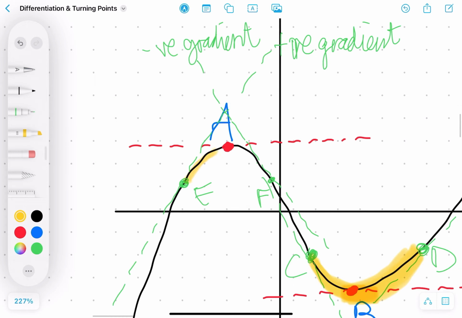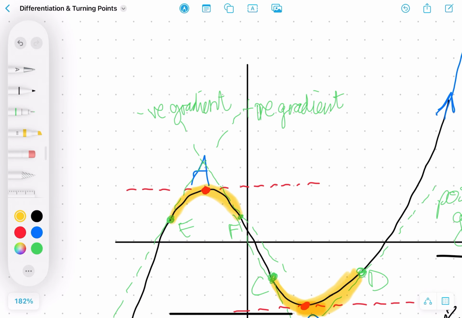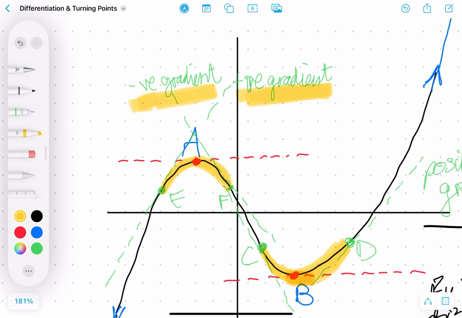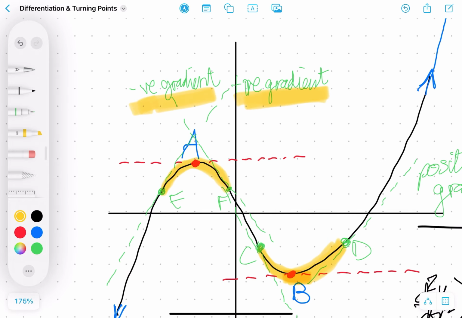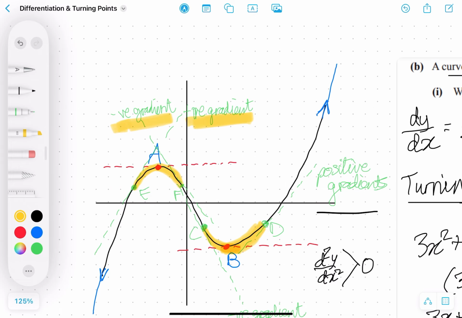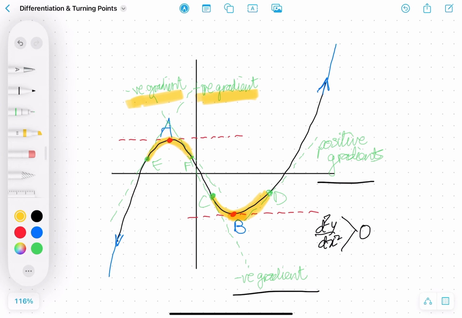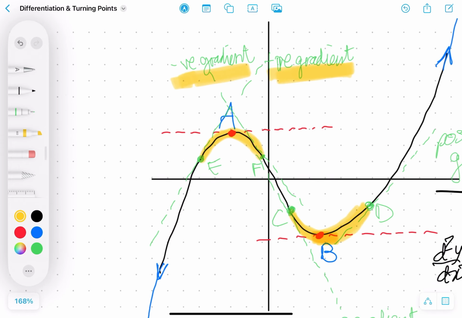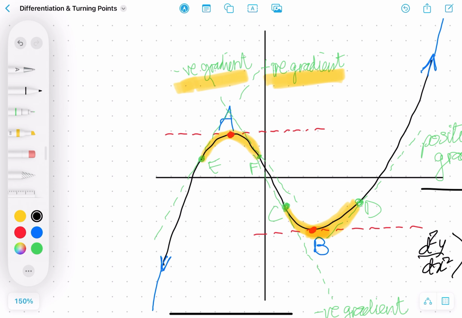Therefore, between the region E to F, the gradient is decreasing. It's going from positive over here to negative, since E has a positive and F has a negative. So the gradient is decreasing. Therefore, d2y by dx squared is negative.